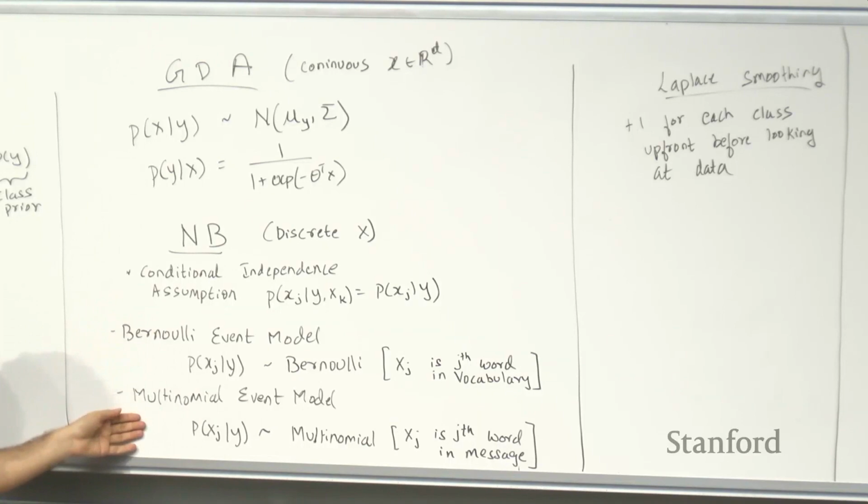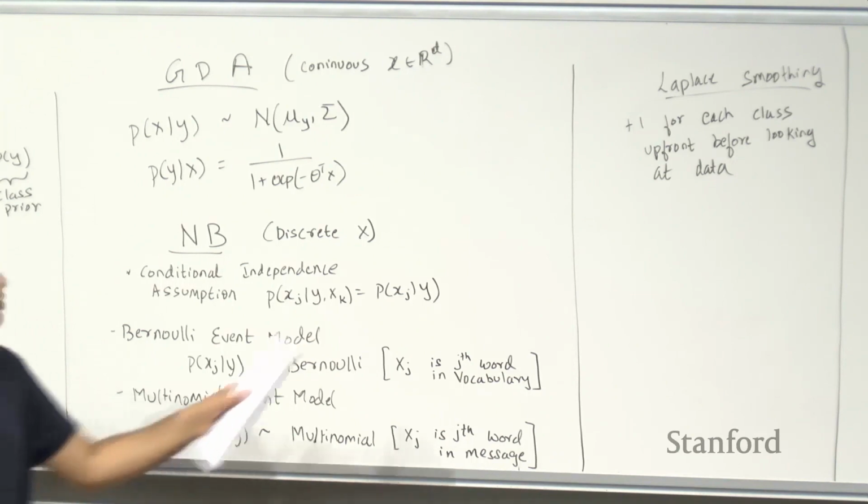Whereas in the multinomial model, the spamminess of a word is determined by what fraction of all the words in the spammy messages is this word, and what fraction of all the words in the non-spammy messages is this word, by not caring about the message boundaries. We consider just the collection of all words across all messages, and just construct a multinomial distribution of all the words.